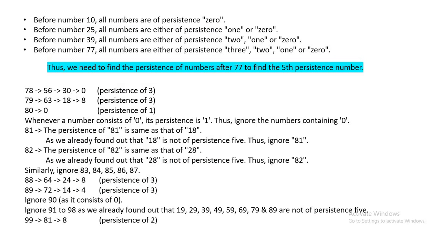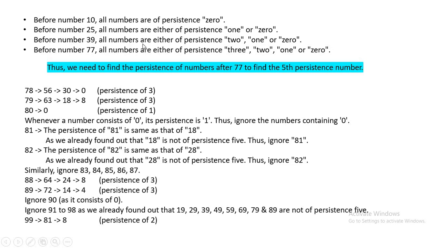So here we begin. Before number 10, all numbers are of persistence 0. Before number 25, all numbers are either of persistence 1 or 0, because 25 is the smallest number of persistence 2.